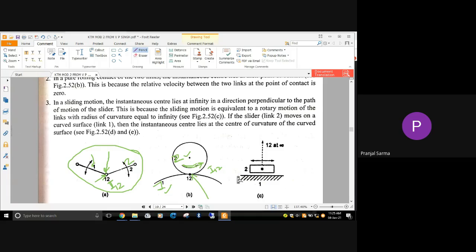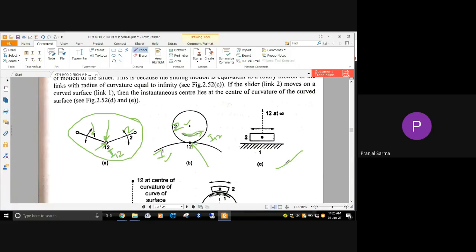Now if you look at this particular figure, this is a fixed surface, or any other surface, denoted by 1. And we have the slider here, link 2, and this is the line of stroke direction. Now for this pair 1 and 2, where will be the instantaneous center?